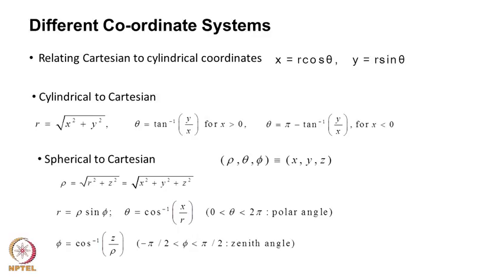Rho is equal to the square root of r squared plus z squared. This is available in any standard textbook. So, we need to know how to convert from one coordinate system to another.